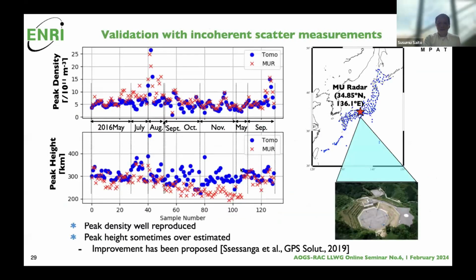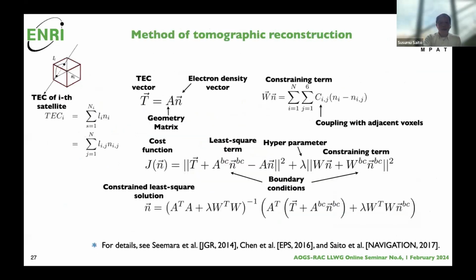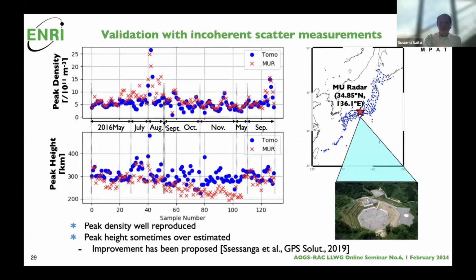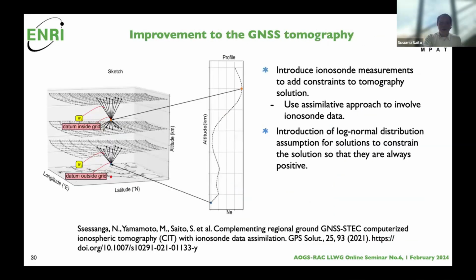The discrepancy of the peak height is due to the constraint term introduced here. So the ionosphere can't be estimated so low. That's the reason why we introduced the ionosonde assimilation, to further modify the tomography results to be closer to the observation.